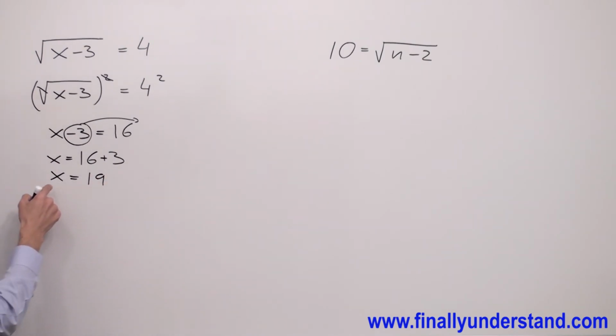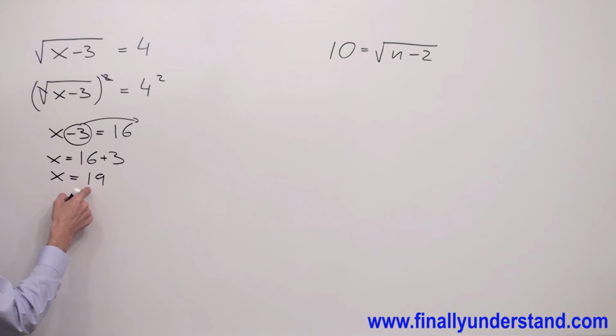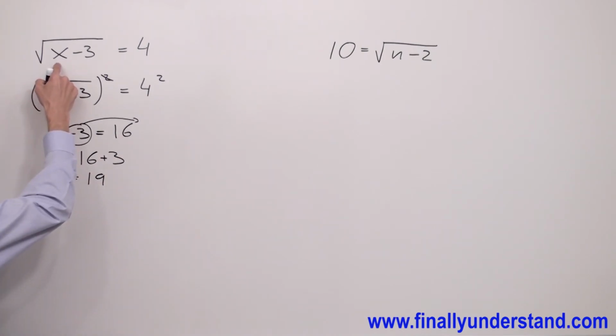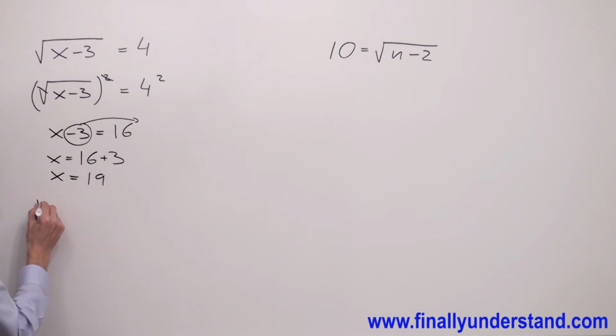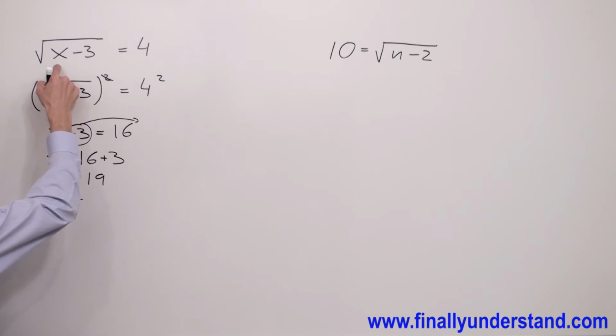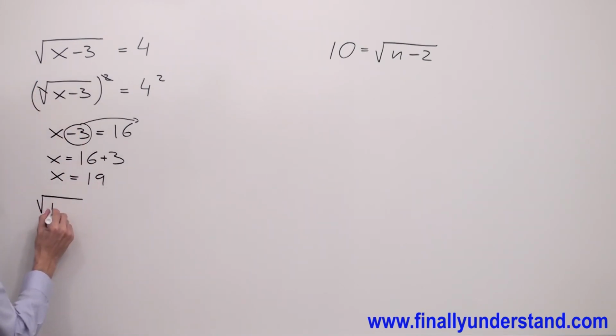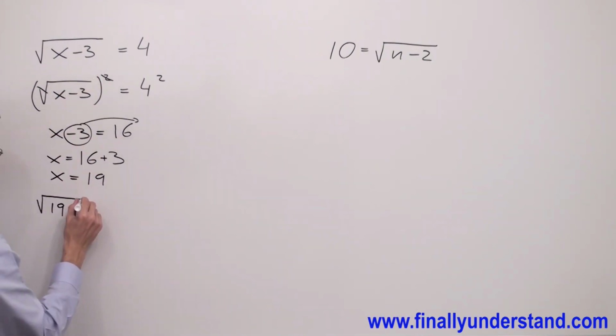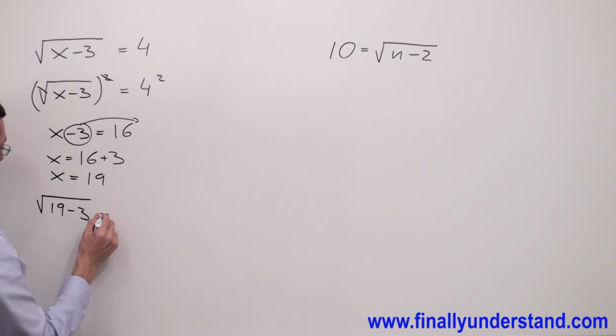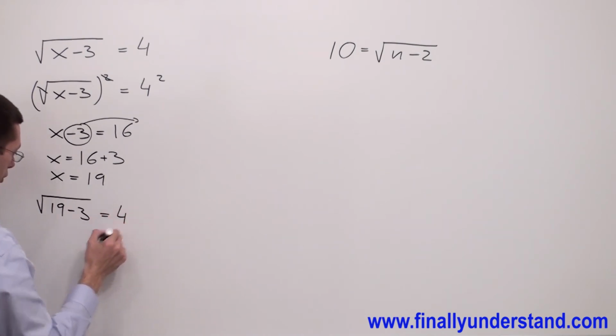Now, let's check this answer. I'm going to replace x in my original equation with 19. I have the square root, and instead of x, I'm going to write 19 minus 3. I copied this negative 3. It has to equal 4.